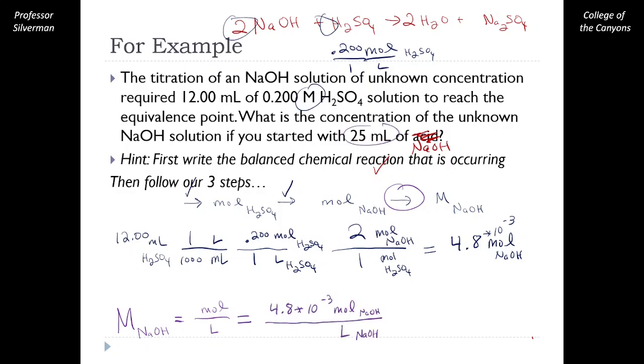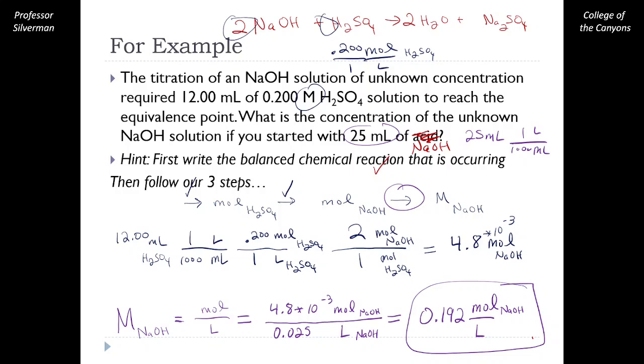In the problem, it says we have 25 milliliters of NaOH, which we can use our metric system conversion to get over into units of liters. There we go. We can plug our values in here and figure out our NaOH had a concentration of 0.192 before we started to react it with our acid.